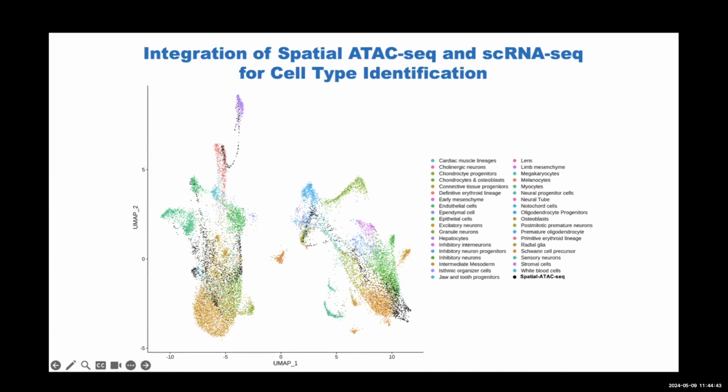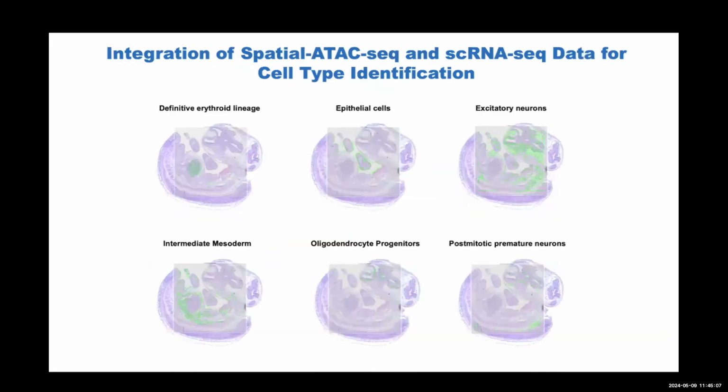So using this kind of co-embedding and label transfer, you can visualize individual cell types where they are, but in this case, what you see is not just where the different cell types are, but whether or not they show up as an epigenetically determined or epigenetically committed cell state, right? So I'm going to show you just a couple of those.